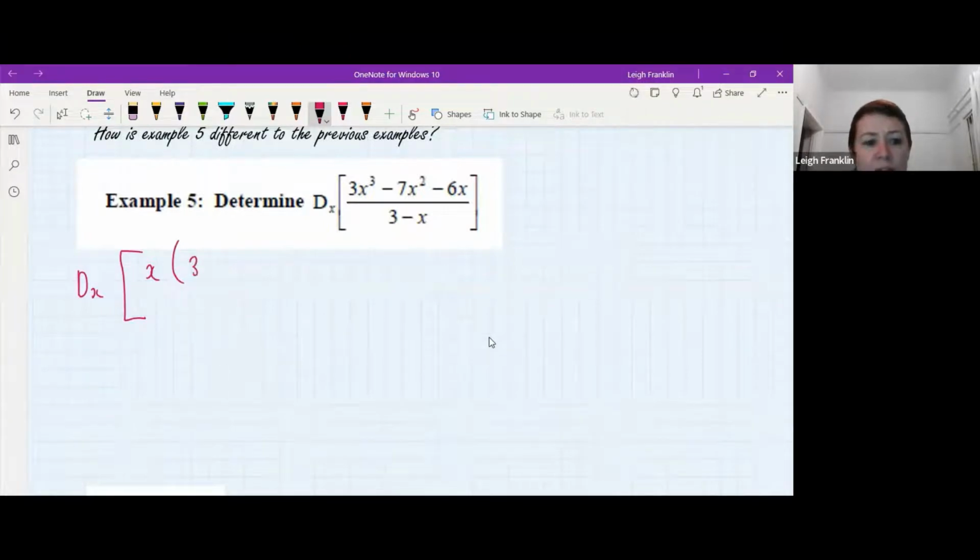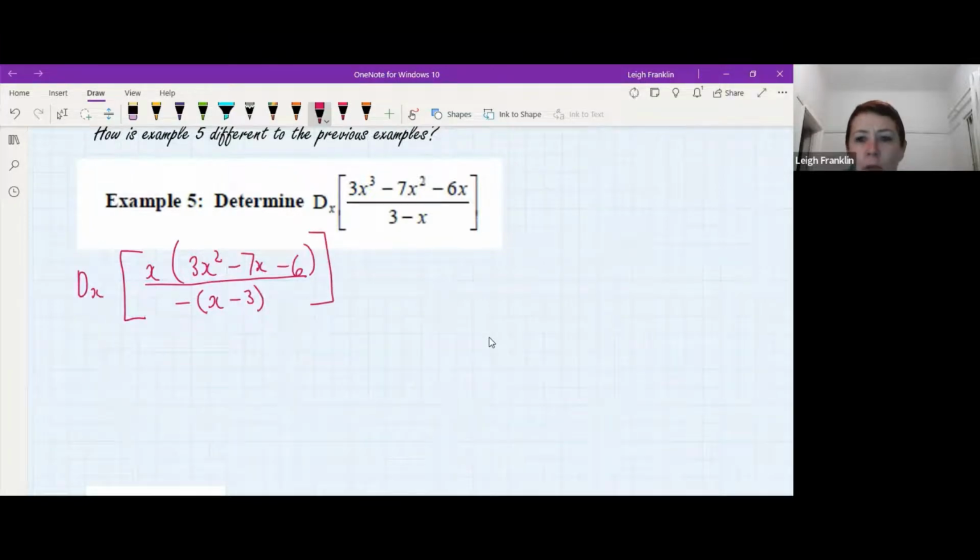So that gives us 3x squared minus 7x minus 6. All over, and now I'm going to do my switch round. So I'm going to take out -1, and then here I'm going to have x minus 3. Does that make sense to everybody? So that was the switch rounds that you guys learned how to do when you were in grade 9, grade 10, when you take out a factor of -1. All good?